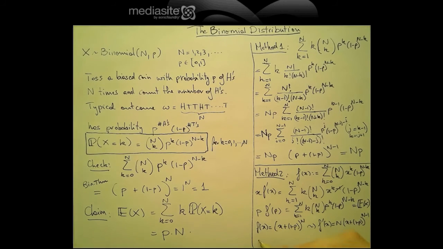And so I can then compute p f prime of p sort of directly as p times n, p plus 1 minus p to the n minus 1, which is p times n, because this is 1 here.